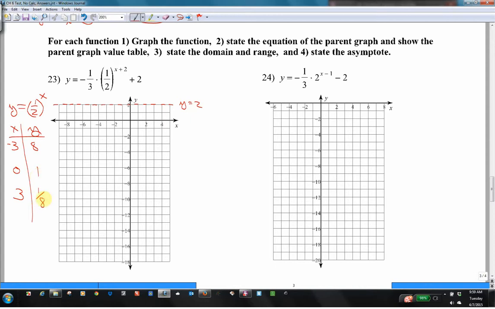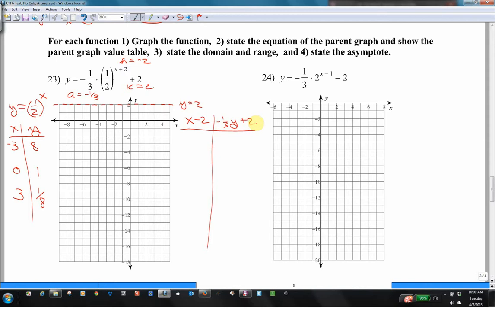Now then I'm going to shift those, and we can see that we have x plus 2. So h is -2, and we have k is equal to 2. I also have an a value of -1/3. So let's build all that into my shift table. I'm going to have x minus 2, and for the y, I'm going to have -1/3 times the y value plus 2.